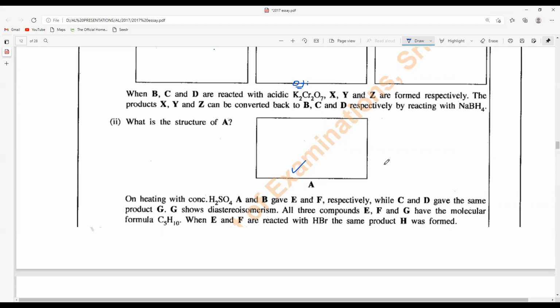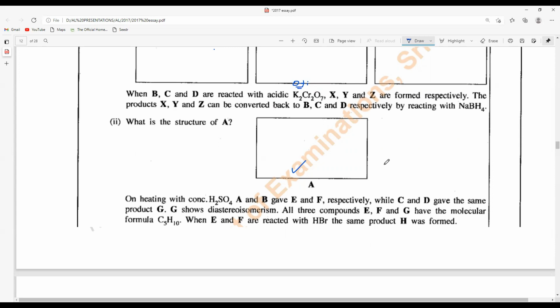If A and D are correct, we should be left with B and C, which can be either this one or this one. But don't forget, A and B give E and F. That is one thing.